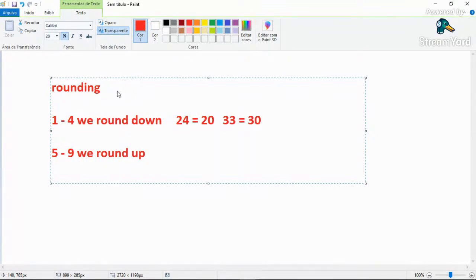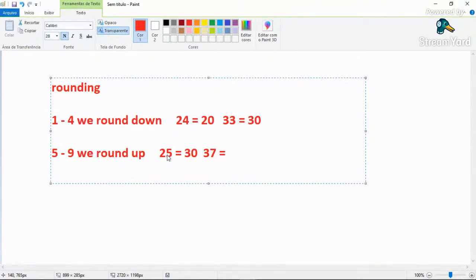Okay, I'm rounding down because look, 4, 3. But if a number is 5 and above, so 25, I'm going to go up to, what is it? 30, correct. If I have a 37, where am I going to go?